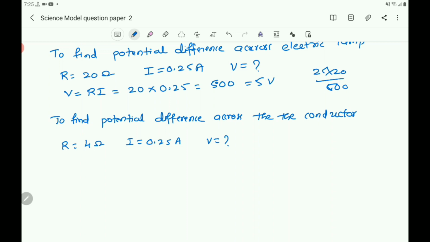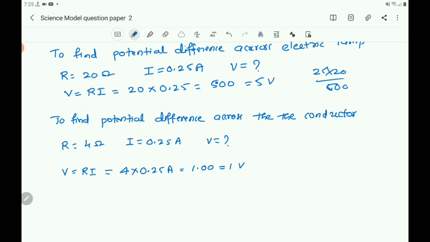So you take the same formula, V equals R into I. R is 4 ohm, and the current is the same, 0.25 amps. 4 into 0.25 gives 1.00, so how much will you get? That is 1 volt.